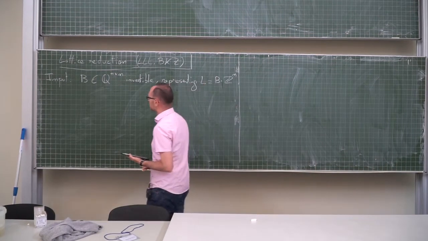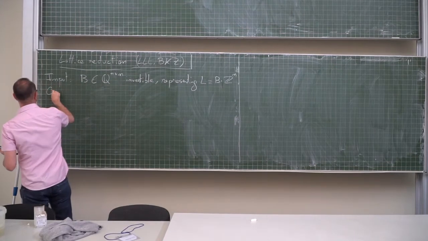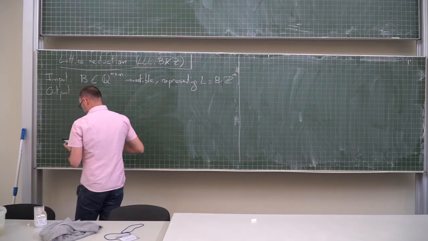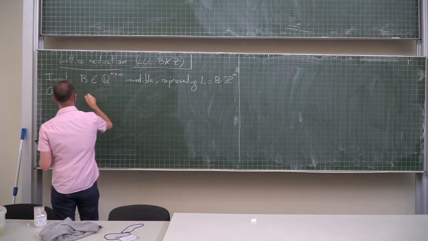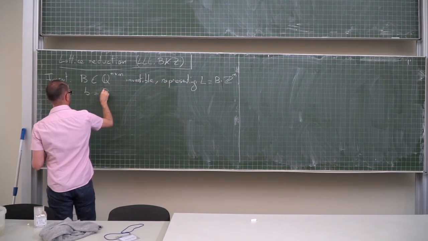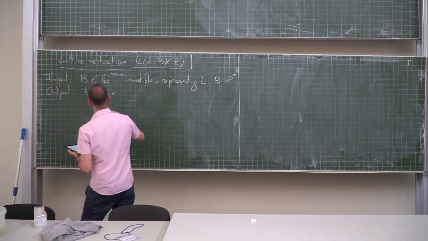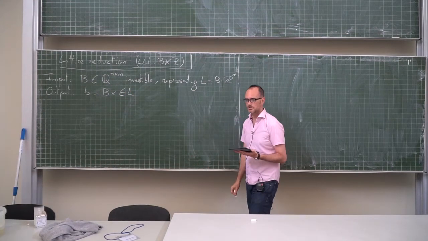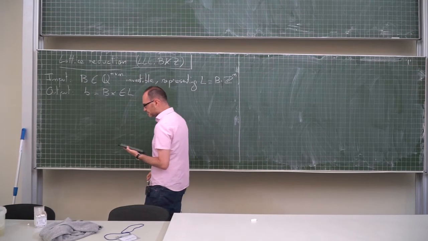Okay, and as output, I would like b equal Bx in L. So x is an integer vector, which is somewhat small.